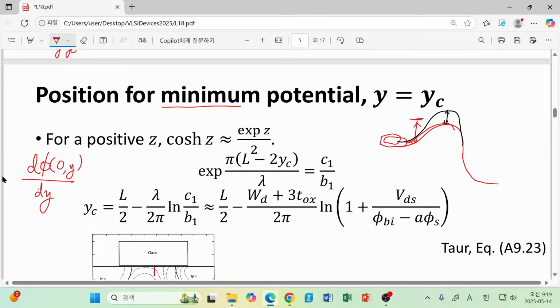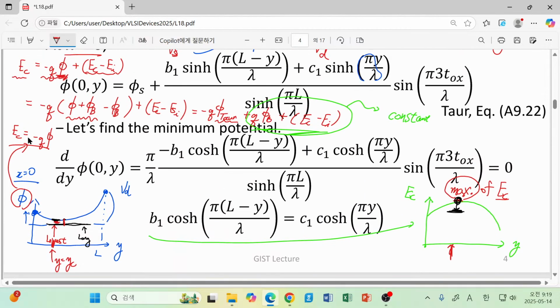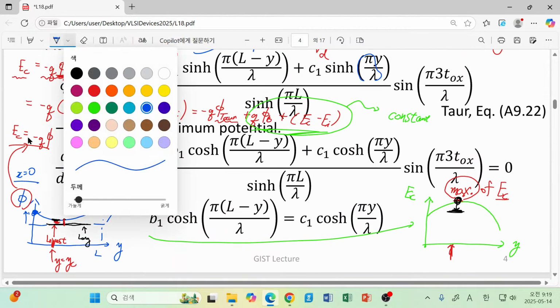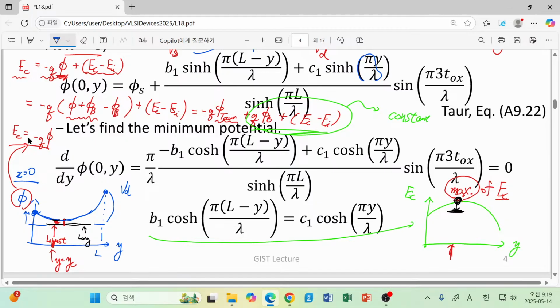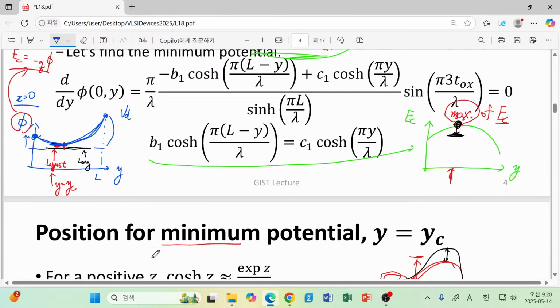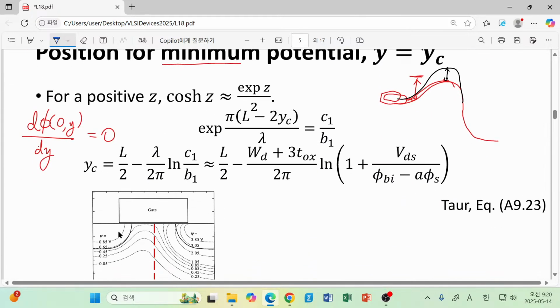And if we take this first derivative with respect to y, then that should be 0, because there is a certain curve, the blue curve shown here, and if we want to find the extreme value, then of course at this extreme point the first derivative would vanish. So that's the reason why we can just take this simple expression.